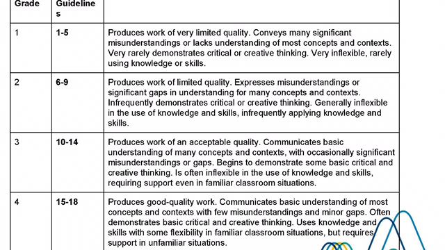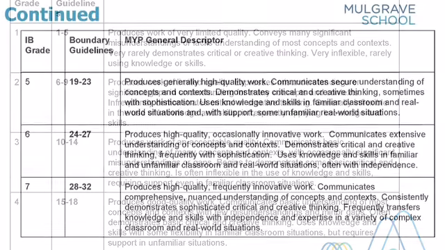So we know it produces work of limited quality, expresses misunderstandings or significant gaps in understanding for many concepts and contexts, infrequently demonstrates critical and creative thinking, generally inflexible in the use of knowledge and skills, infrequently applying knowledge and skills. So now this descriptor really tells us what that student's level is, what that student needs more support with, and how we're going to support them to progress so they can move out of that level 2 band.